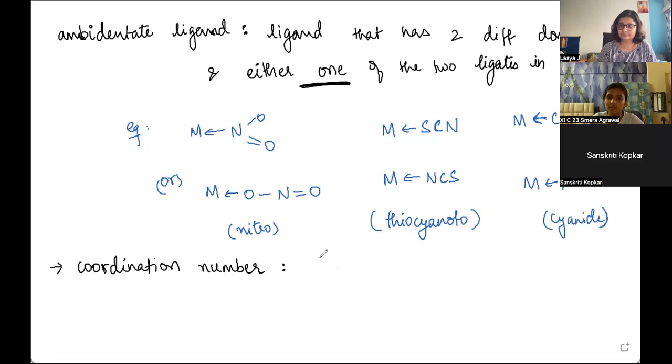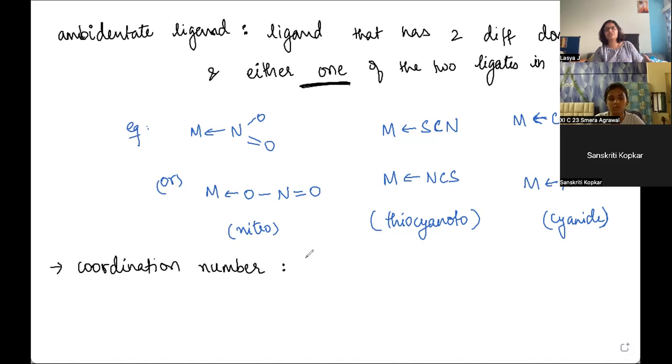The number of ligands attached to the center atom. The number of donor atoms, because remember, it can be a polydentate ligand.